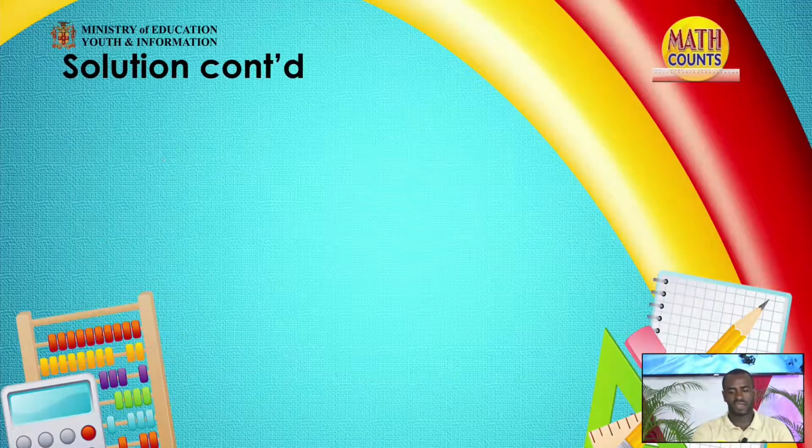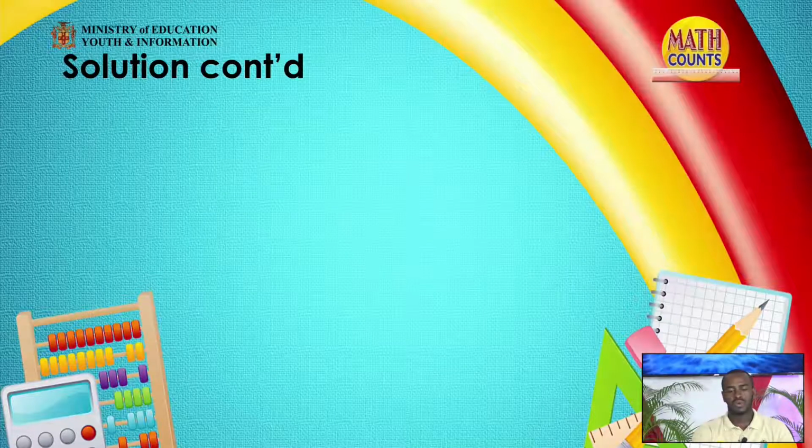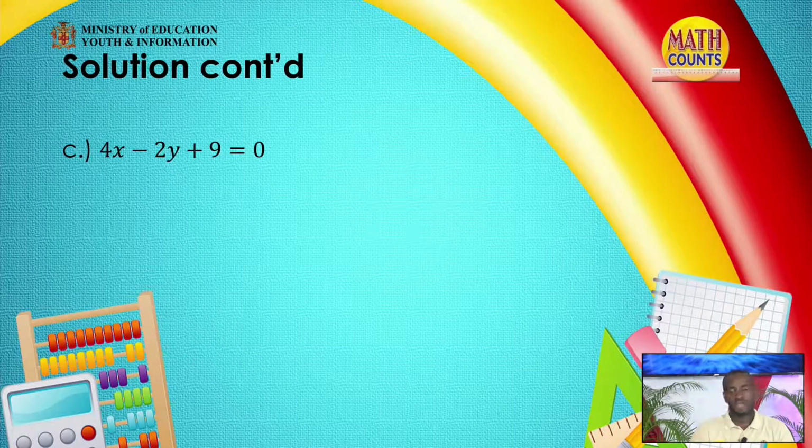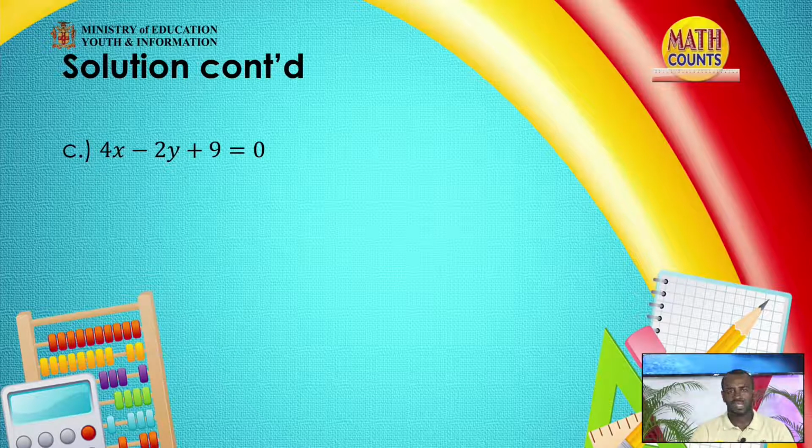And the final question that we are going to go through is 4x minus 2y plus 9 equals 0. What do we do in this case? Keep in mind your intention is to find the gradient and the y-intercept. So we go about rearranging this equation.